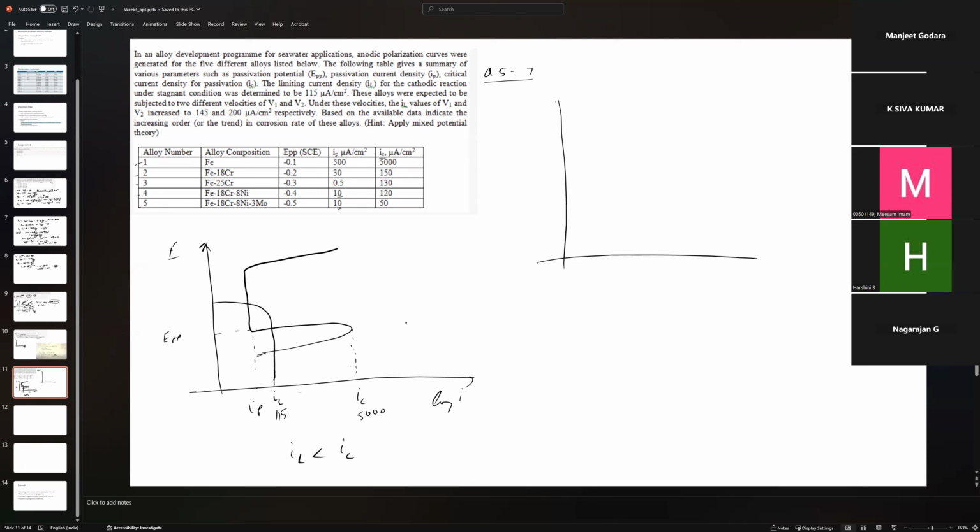So it will be in the active corrosion region, so it will corrode. The passive layer has not been formed, so corrosion will take place. And we just have to plot all these 5 plots. I'll ignore the post passive region.